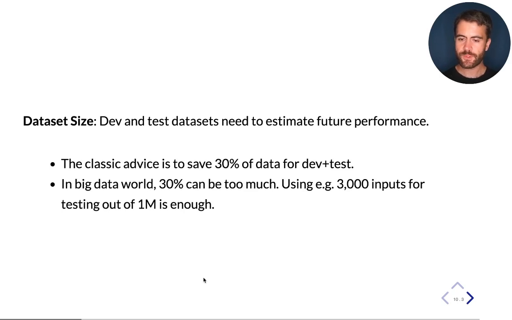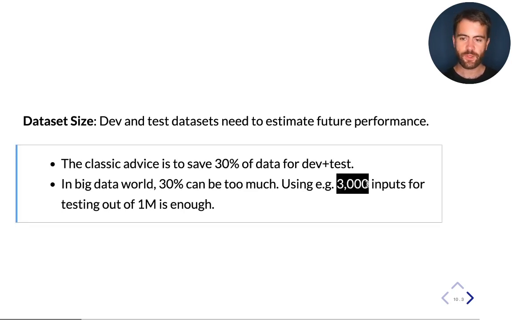Which number reduces the variance and the uncertainty of this estimate by a sufficiently large amount? One way to estimate this would be to subsample various inputs of size 3000 and look at the variance between them. And if various subsets of size 3000 give us similar performance, then probably a random subset of 3000 is a stable estimate of future performance.